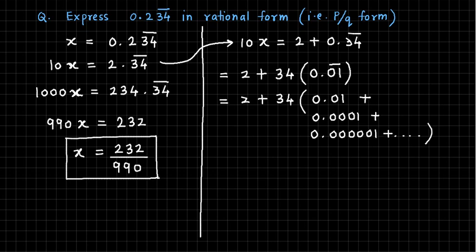When you add up all these numbers you get 0.01 recurring.